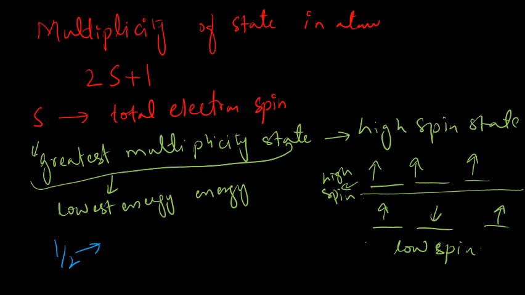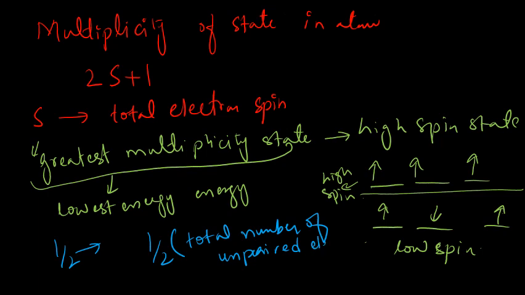So the total spin of the electrons can be represented as 1/2 times the total number of unpaired electrons, and multiplicity corresponds to 2S plus 1.